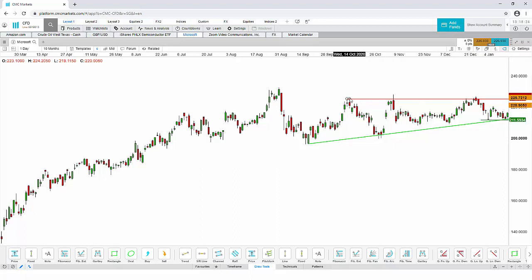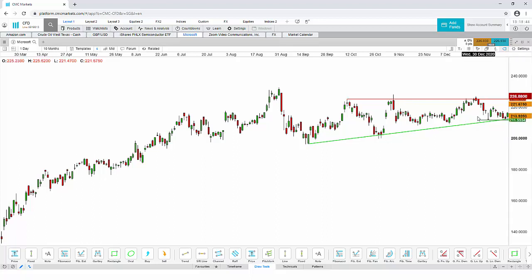Before this resistance formed, if you look at the lows, they are getting higher. This low is higher than this low, higher than this low. Every time price hit the resistance, it formed a higher low.